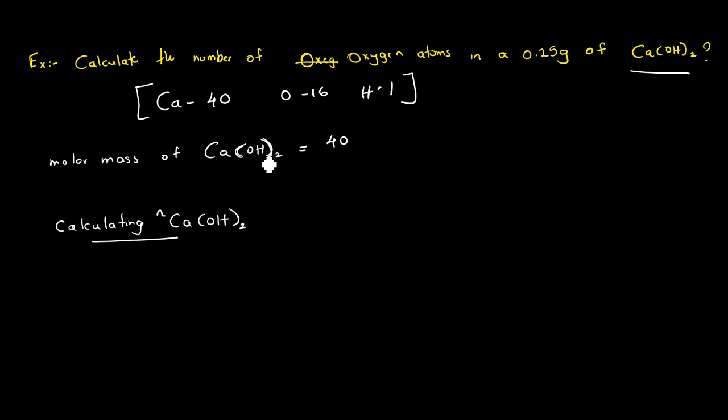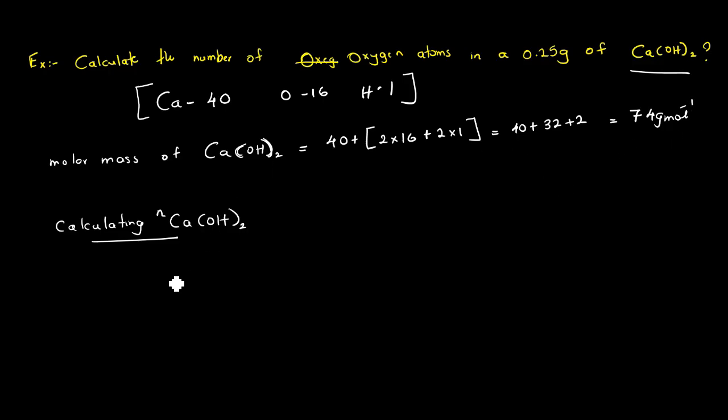So there are 2 oxygens and 2 hydrogens. So I will put a bracket: 2 oxygens means 2 times 16, plus 2 hydrogens means 2 times 1. Here 16 is oxygen's mass number. After the simplification we have 40 plus 32 plus 2, so you will get 74 grams per mole.